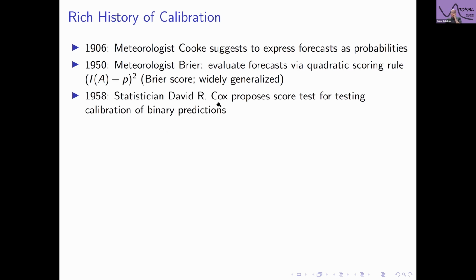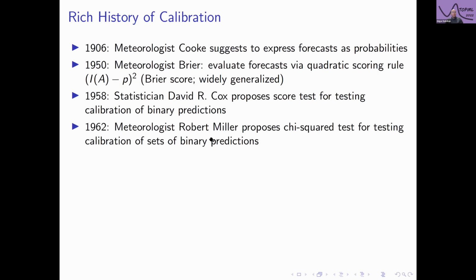Later, statisticians, including the distinguished statistician David Cox, proposed a formal test of calibration. He introduced the model called logistic regression in statistics, and he suggested using the score test for logistic regression to test the calibration, which we'll describe in more detail later.